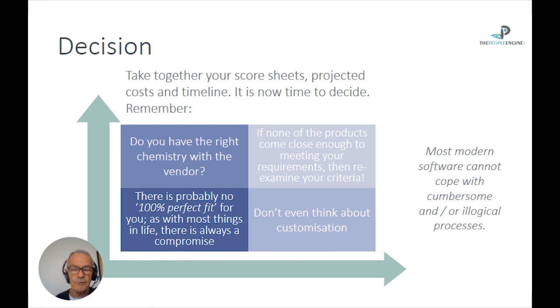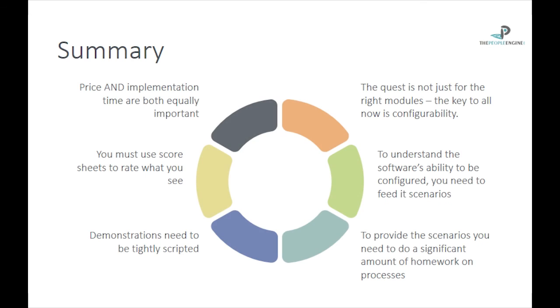You can switch pieces inside the software, if you like, to meet your requirements. Customization is a whole big-scale adaptation of the software. It's costly, and it means that you are going to need extra support every time there's a product upgrade and so on. Really, I wouldn't go there. It's unnecessary. What I would say to you is if you think you need customization, think again. There's something wrong with what you're asking for.